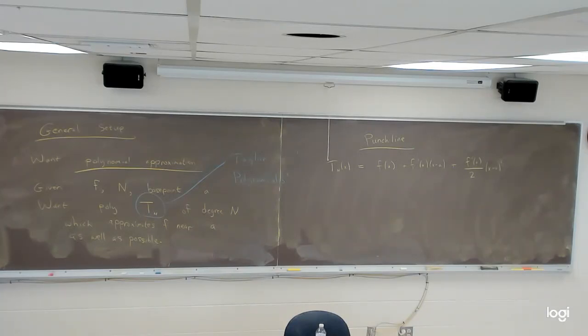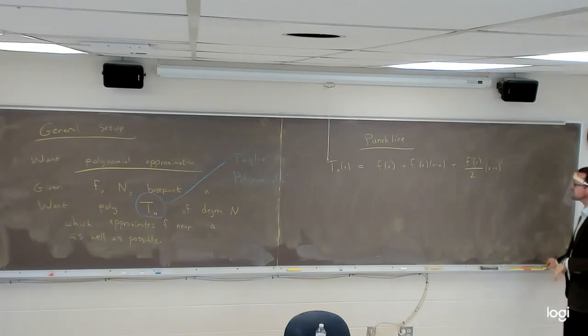It's maybe a less obvious choice, but all quadratics can be written in that way. If you think about it, you might realize any quadratic I could rearrange to have powers of x minus 2 instead of powers of x. Well, if I'm looking at x values close to 2, this might make sense as a way to represent a polynomial. It's sort of based at 2 instead of at 0.